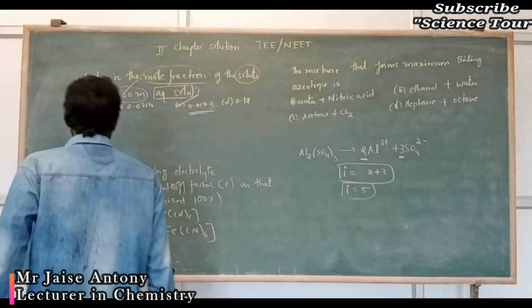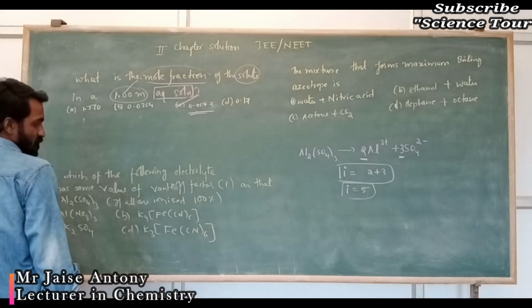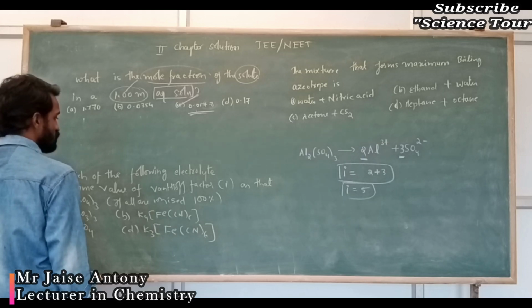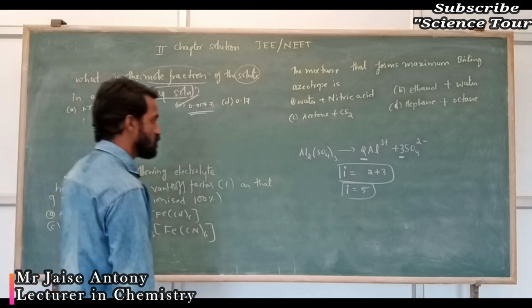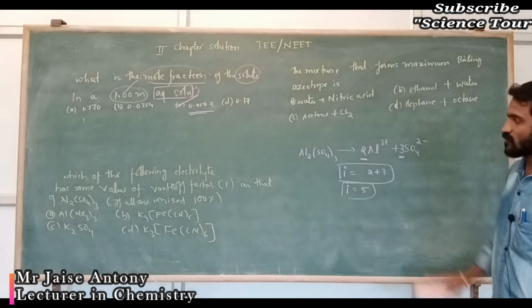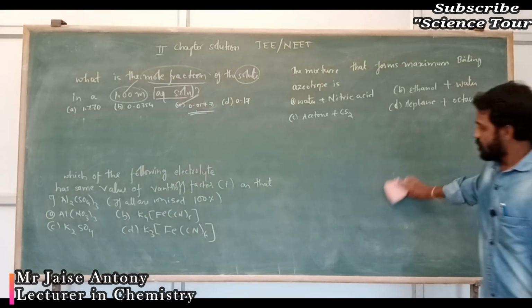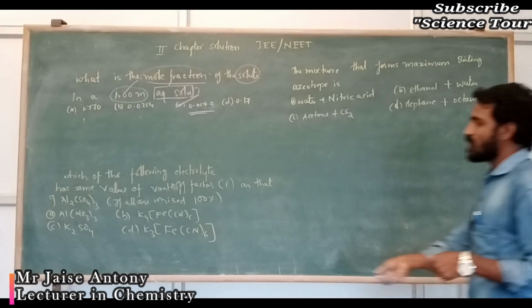You have to check all the others: aluminum nitrate, potassium hexacyanoferrate, potassium sulfate and potassium hexacyanoferrate. We will check one by one. Take this down: aluminum sulfate i factor is 5.